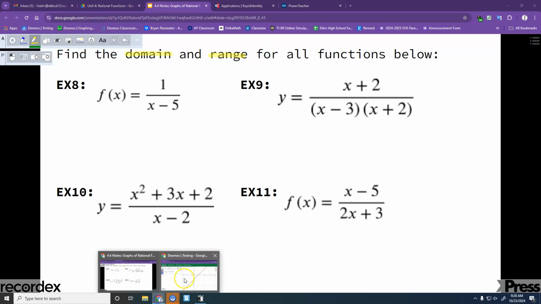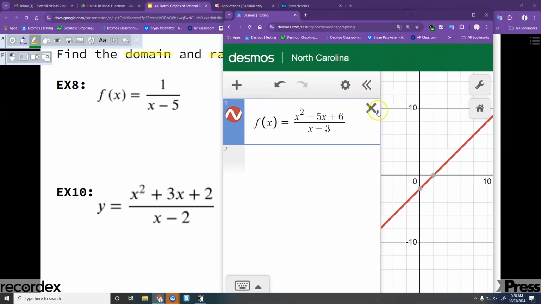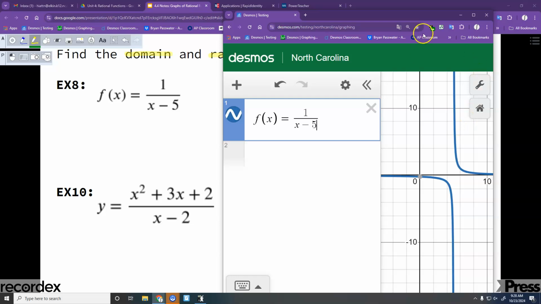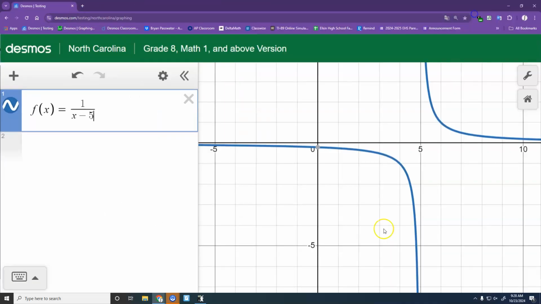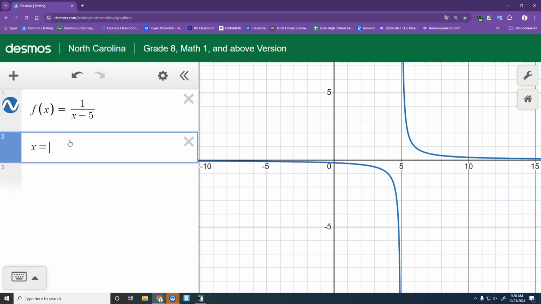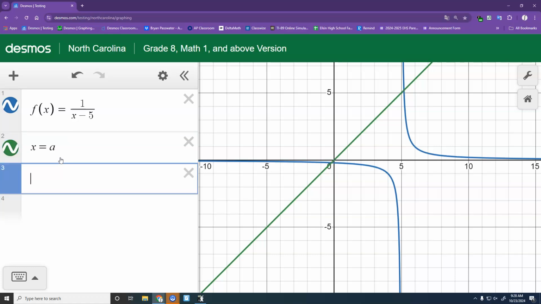Let's graph this real quick. So if I graph f of x equals 1 over x minus 5, this is the graph that I get. And so if I do x equals a, will it not let me do a slider for that?